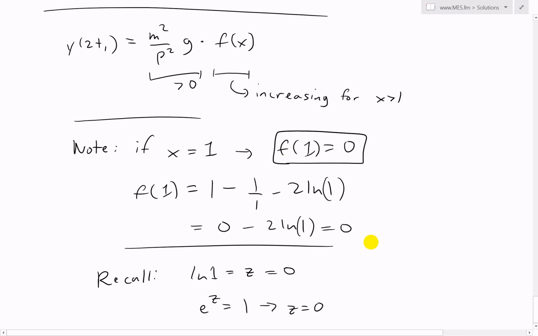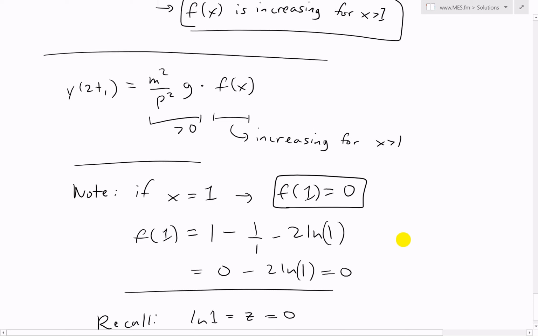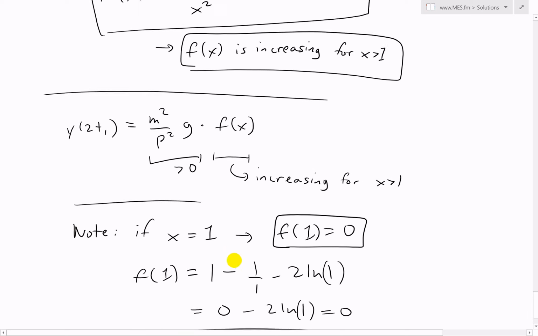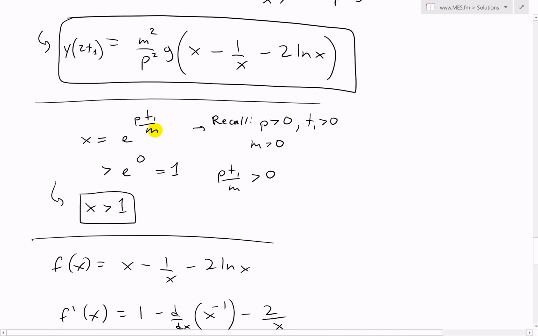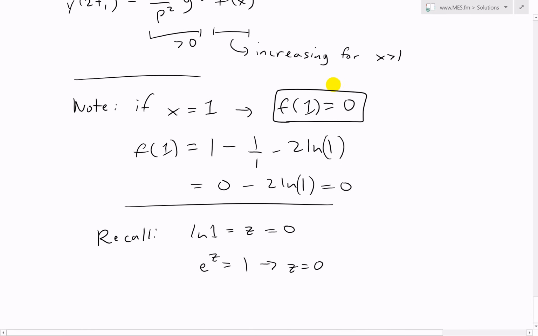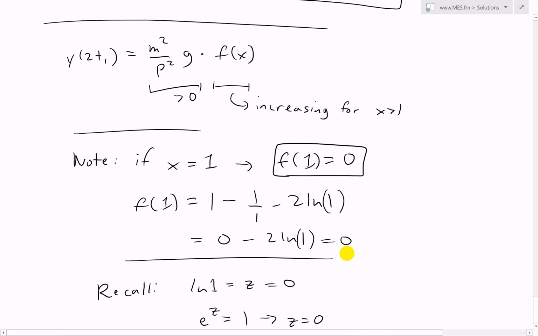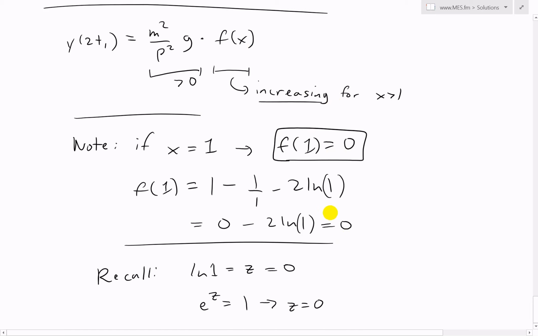And x is always greater than 1 because we've already shown that. We already showed that x, which equals e to the pt1 over m, is always greater than 1. So even if x is 1, you have 0, and then it's always increasing. So it's always going to be positive. So this is greater than 0.